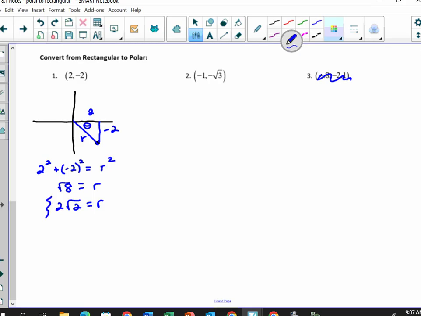That's one piece. You are given x and y, right? You know the x is 2, the y is -2. Sine, cosine, tangent. Which one uses both the y and the x? Tangent. So tangent of theta equals y over x.